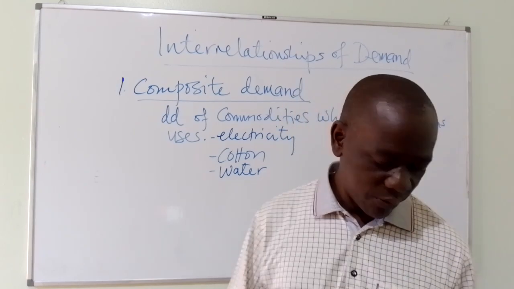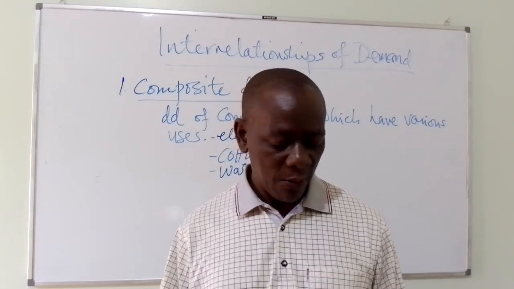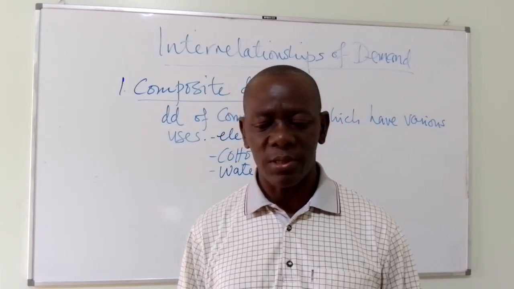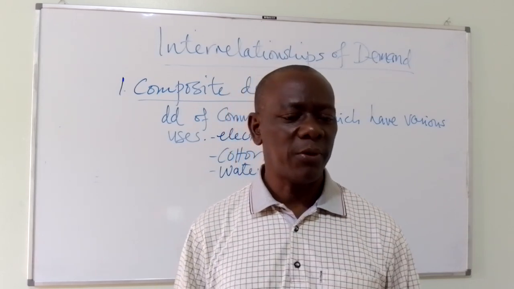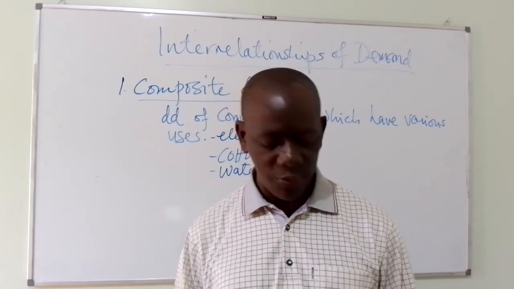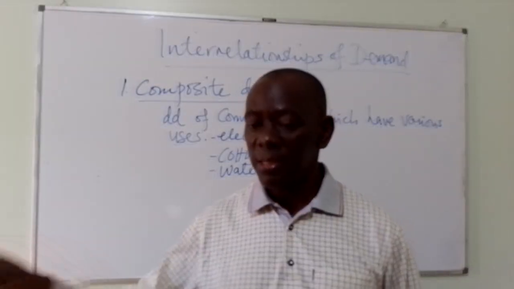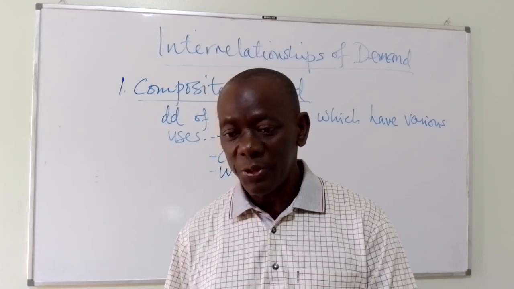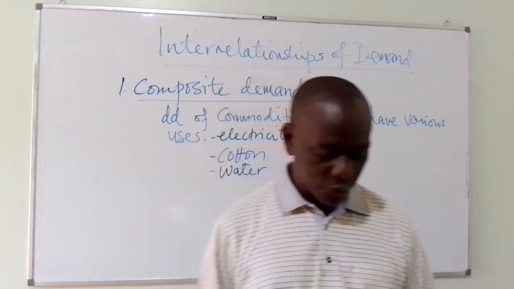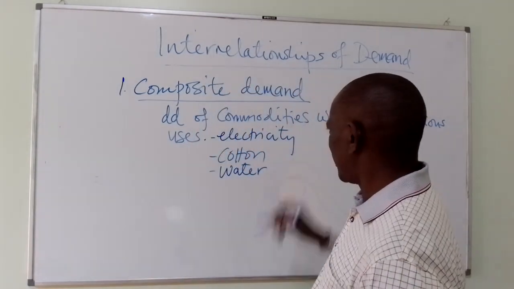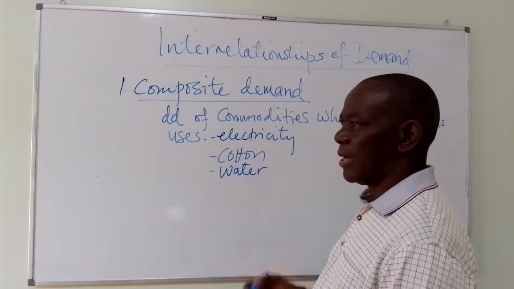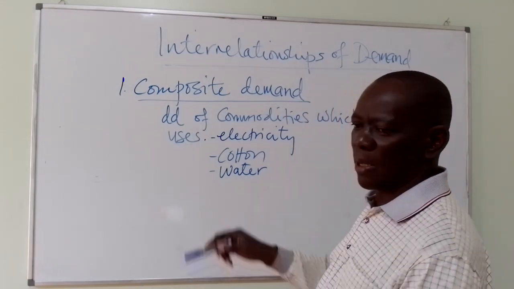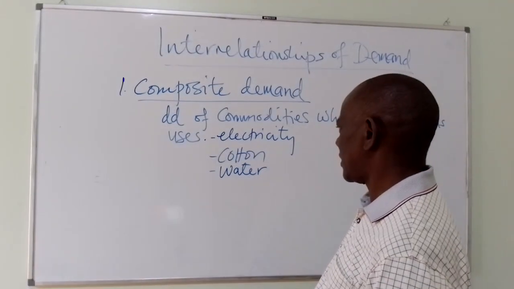One is cooking, another is ironing, another is reading light, another is a computer, another is charging the phone, another is running a washing machine, and so on. So that demand for electricity, we call it composite demand. Demand which has various reasons, various purposes.